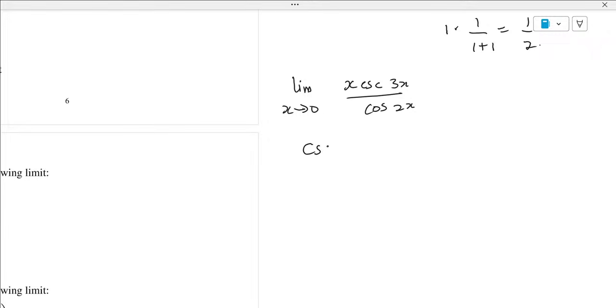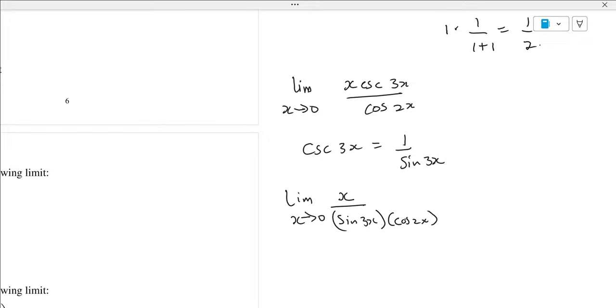We can rewrite cosec 3x as 1 over sine 3x because it's just the inverse of that. Right. Now let's substitute everything back into our equation. Then we have the limit as x approaches 0 of x all over sine 3x multiplying cos 2x. Right. So this is what we have.